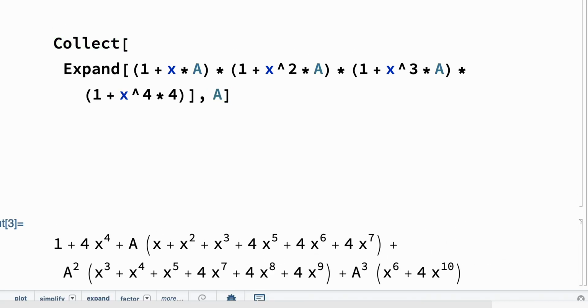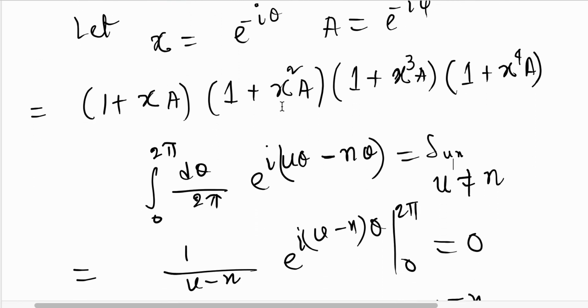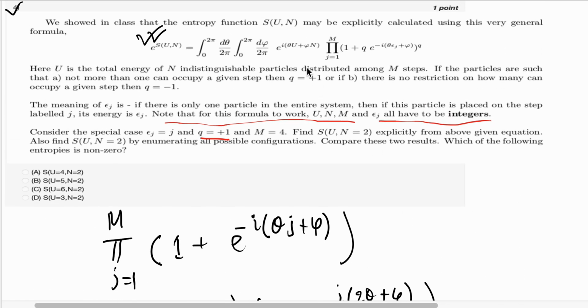So you can see that I actually get all the things in the exponent of a. If we just do the algebra, you will get these: 1 plus 4x, x to the power 4 plus a x square, those things. Now what I actually need is this formula. Since this is a conical delta, this means this integration, e to the power i phi n.